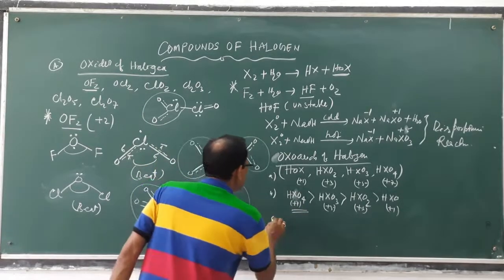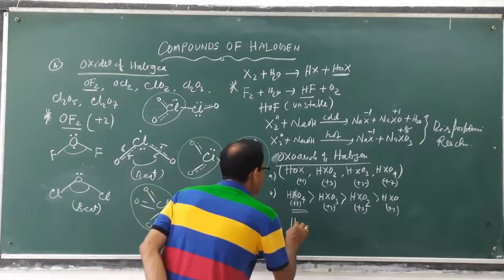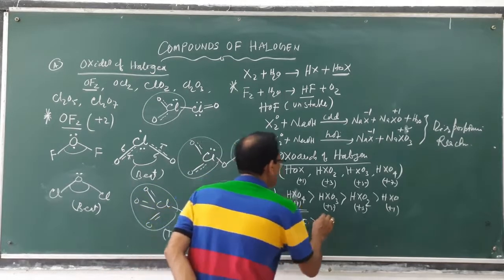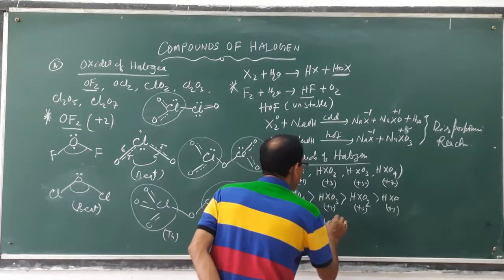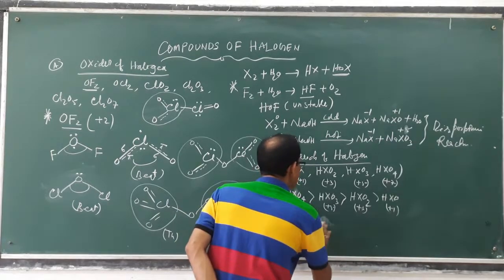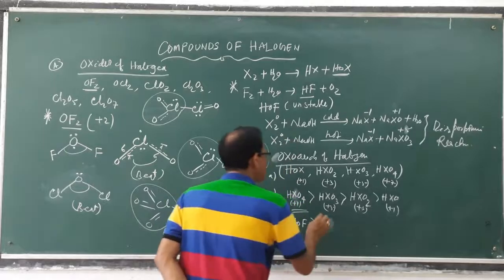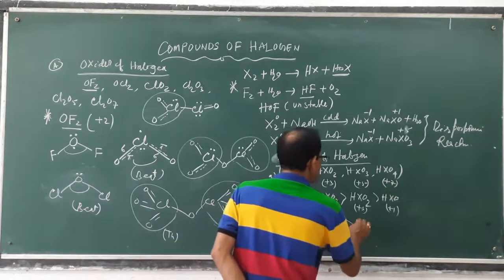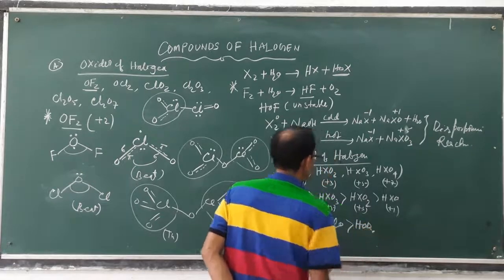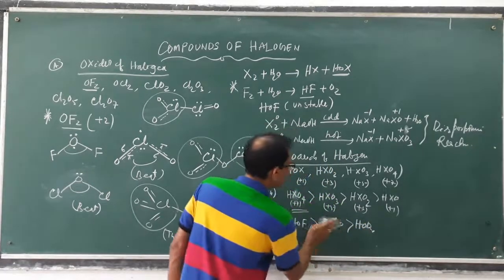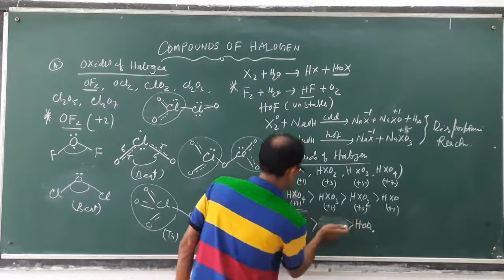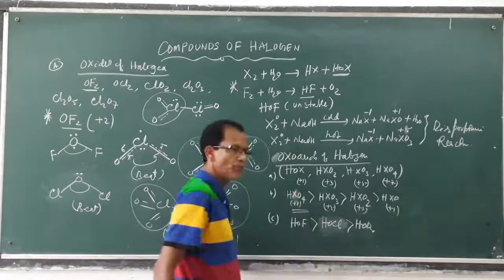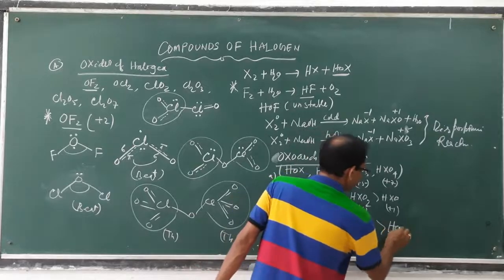If you change the halogen, you can write HOF, HOCl, HOBr, then HOI.